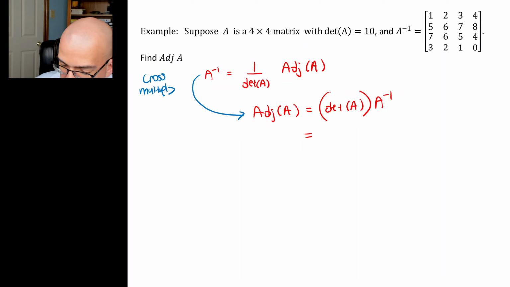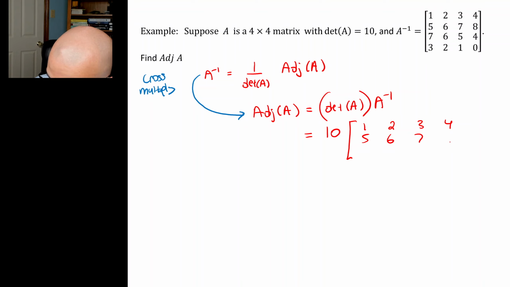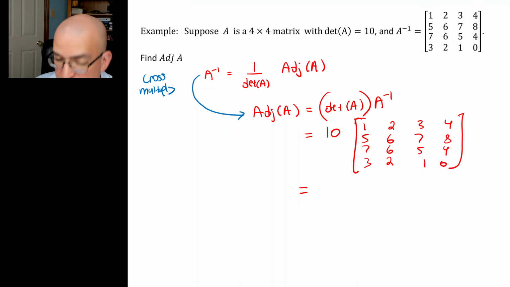So the determinant of A is given to us in the question as 10. A inverse is given to us in the question: 1, 2, 3, 4, 5, 6, 7, 8, 7, 6, 5, 4, 3, 2, 1, 0. And we just multiply each of those entries by the scalar, multiply them each by 10.